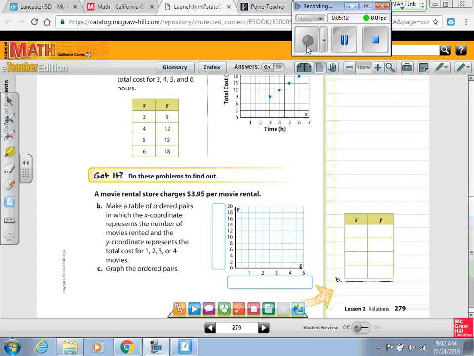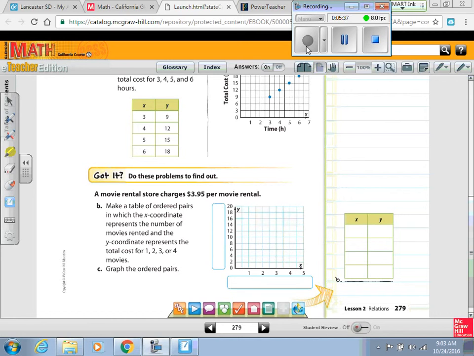On page 279, example 2, actually it's in the got it portion at the bottom. It says a movie rental store charges $3.95 per movie rental. Make a table of ordered pairs in which the x-coordinate represents the number of movies rented and the y-coordinate represents the total cost for 1, 2, 3, or 4 movies.